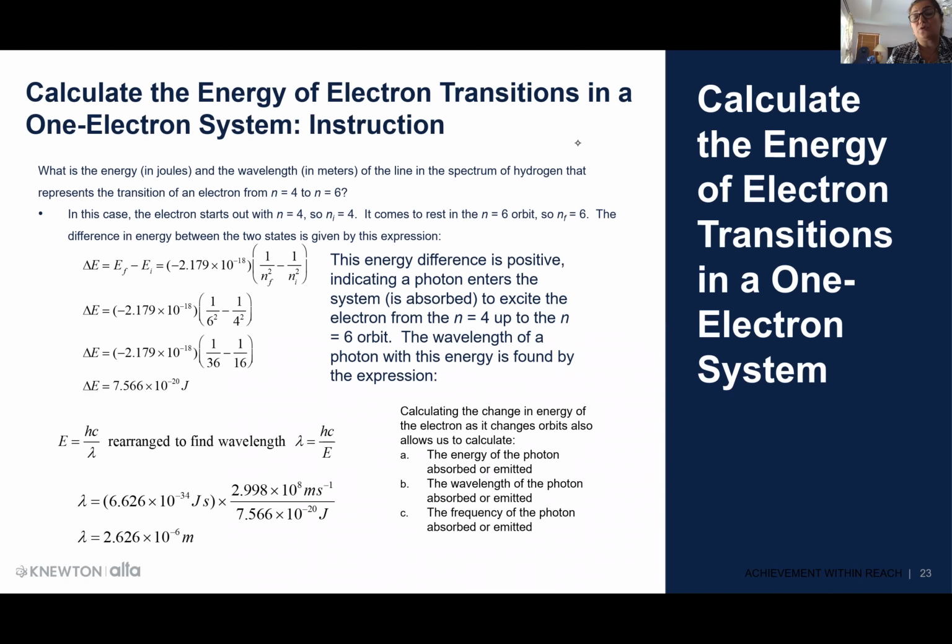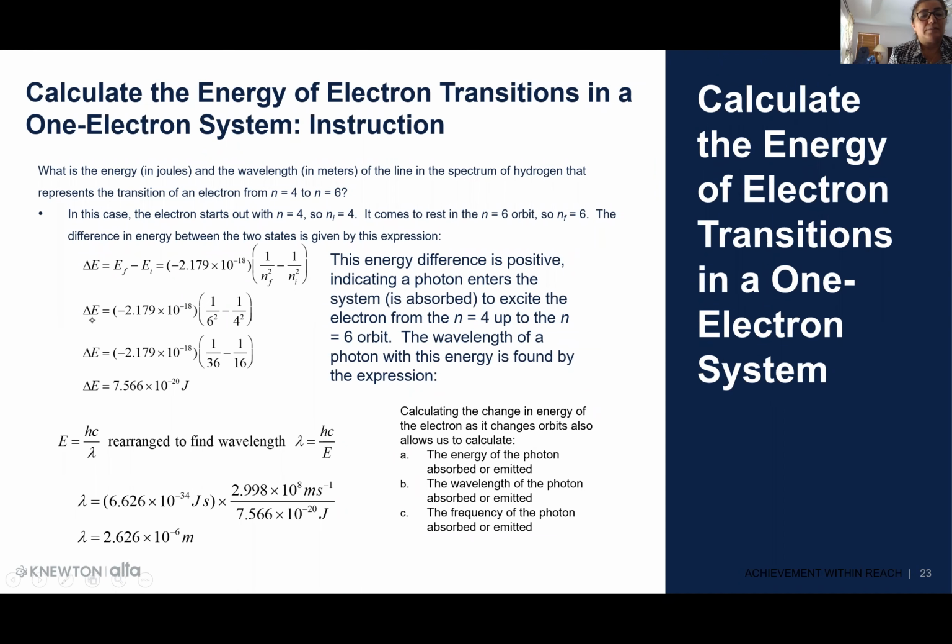It doesn't say if the energy is being absorbed or released. But when you find the amount of energy, if the energy that is found is positive, that means energy has been absorbed, and that is understood, because if it's going from orbit 4 to orbit 6, energy must be absorbed.